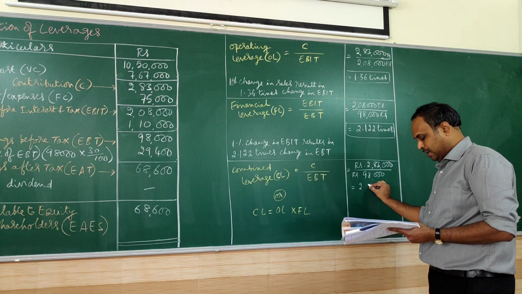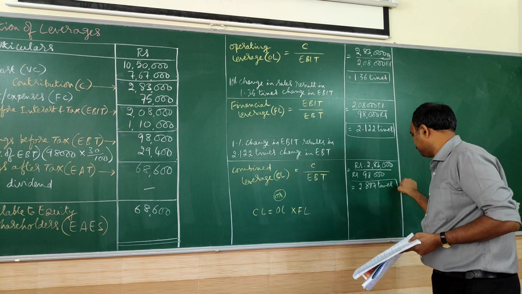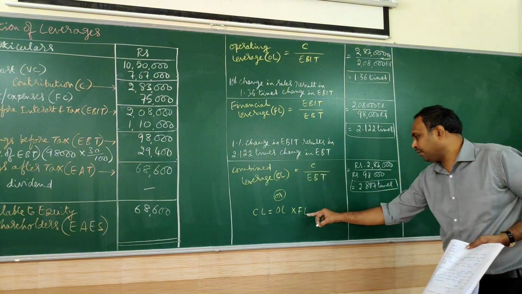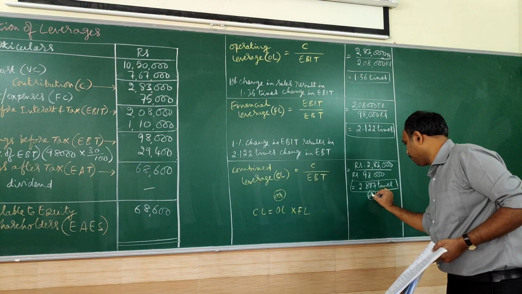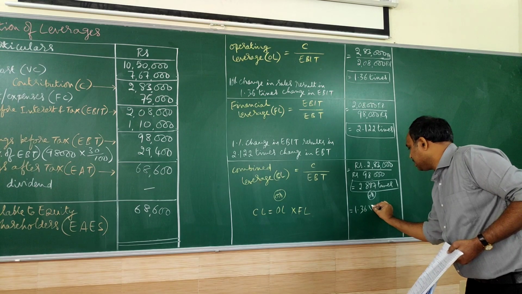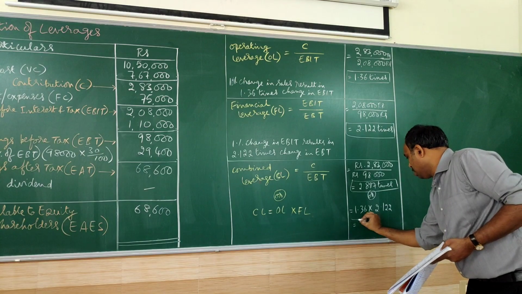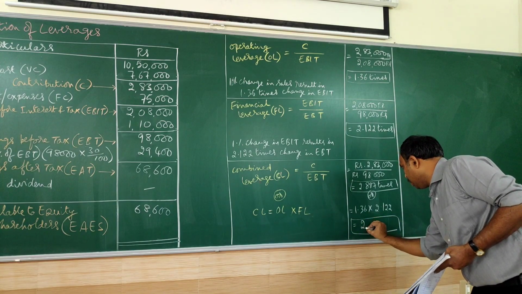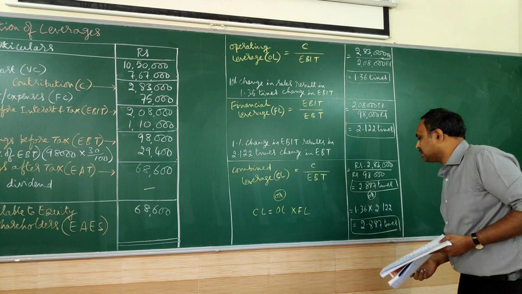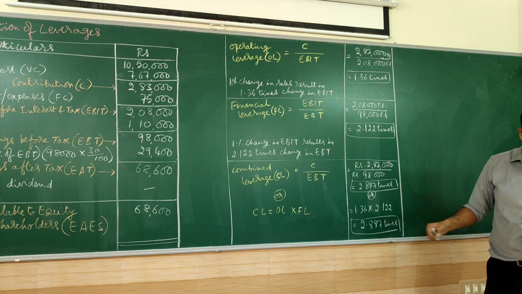You are not going to find much of a change. Or if you are going for OL into FL, OL is 1.36, FL is 2.122. You are going to get the same value again. Small decimal changes may be there, but the result is the same. So in both the methods, the answer will be the same.